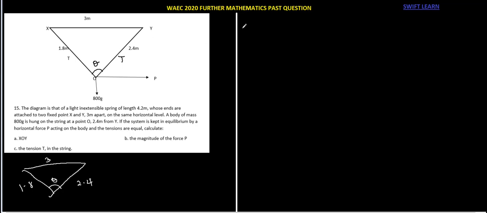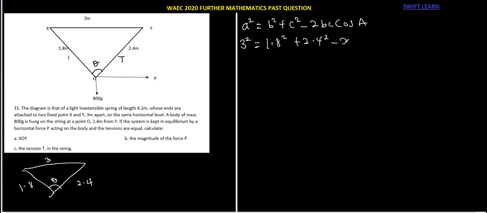The cosine rule states that a squared, that's what is opposite squared, equals b squared plus c squared minus 2bc cos A. So what is in front of this angle theta? That's 3 squared equals the other sides, 1.8 squared plus 2.4 squared, minus 2 brackets 1.8 times 2.4, cos x or y, that is cos theta.